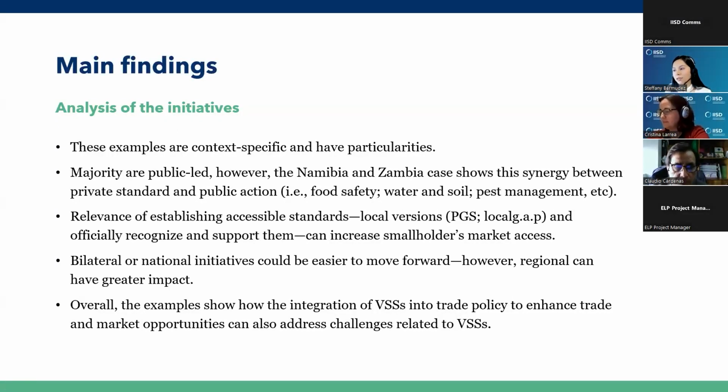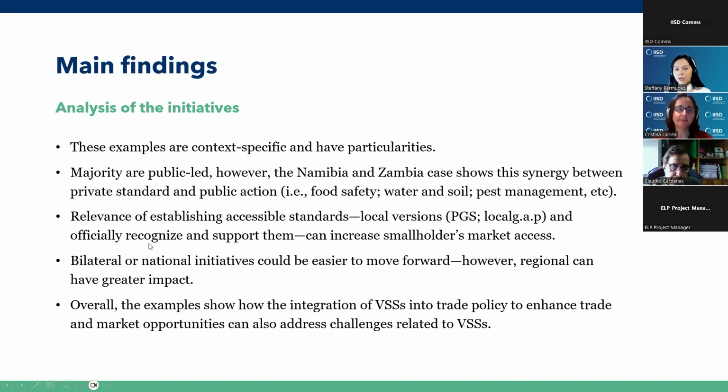However, the case of Namibia and Zambia show that synergies between private standards and public action are possible and can address critical issues like food safety, water and soil, and pest management.